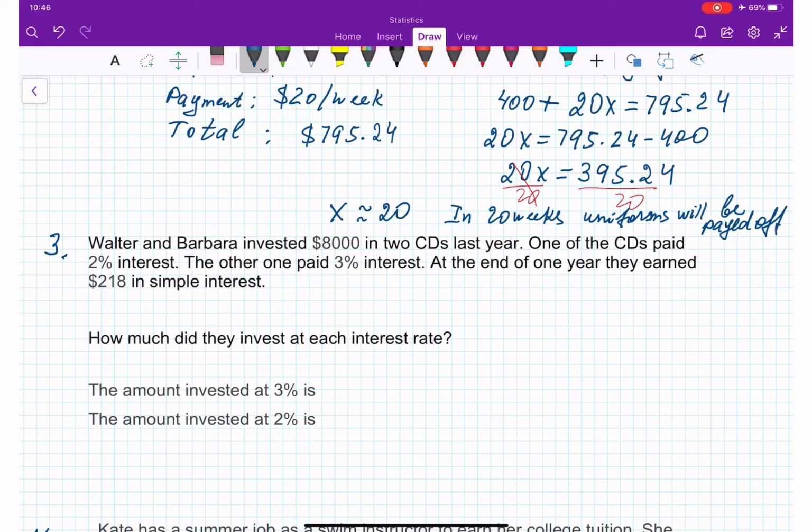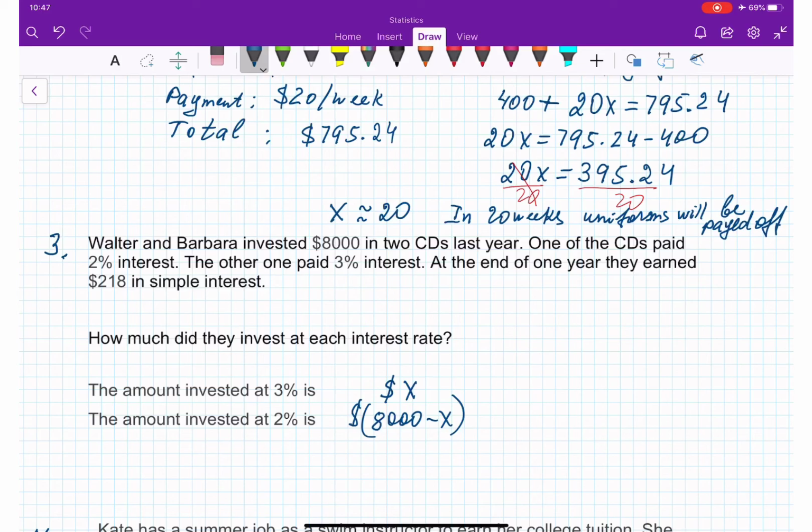So if for 3% they invest X amount of dollars, then for 2% it's going to be the rest, right? Which is going to be 8,000 minus X, because the total is 8,000. If X is the amount of dollars at 3%, then 8,000 minus X is going to be the 2% investment. Okay?